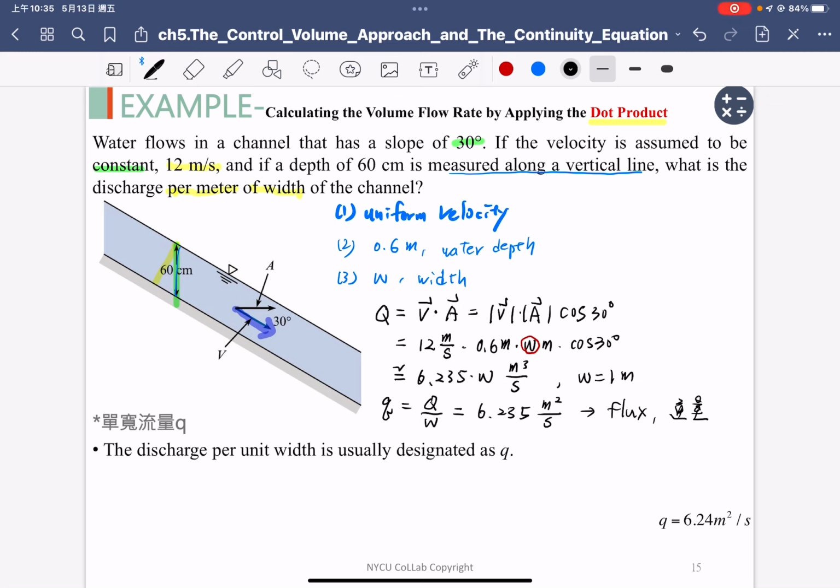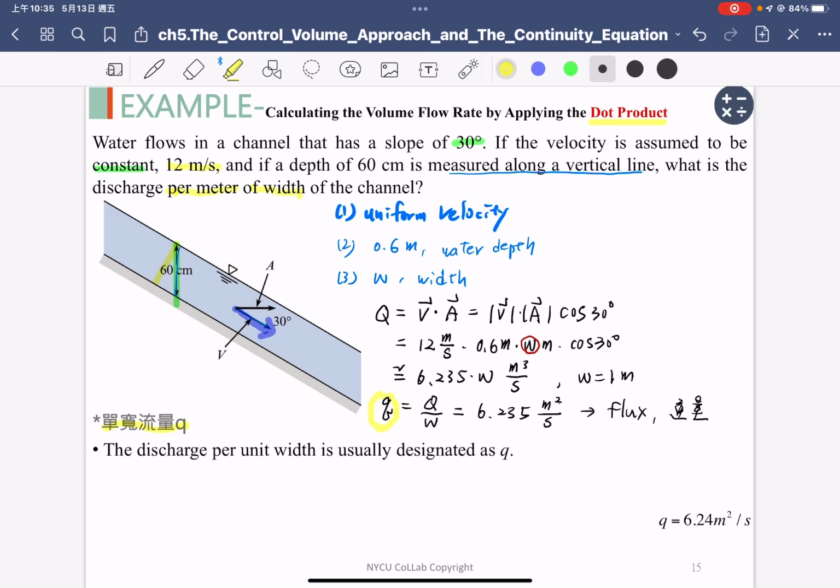That indicates the unit changes to square meters per second, not cubic meters per second. The cubic meter per second is discharge. It is a very useful parameter when we discuss hydraulic problems. So you can see the difference: we use the small q.